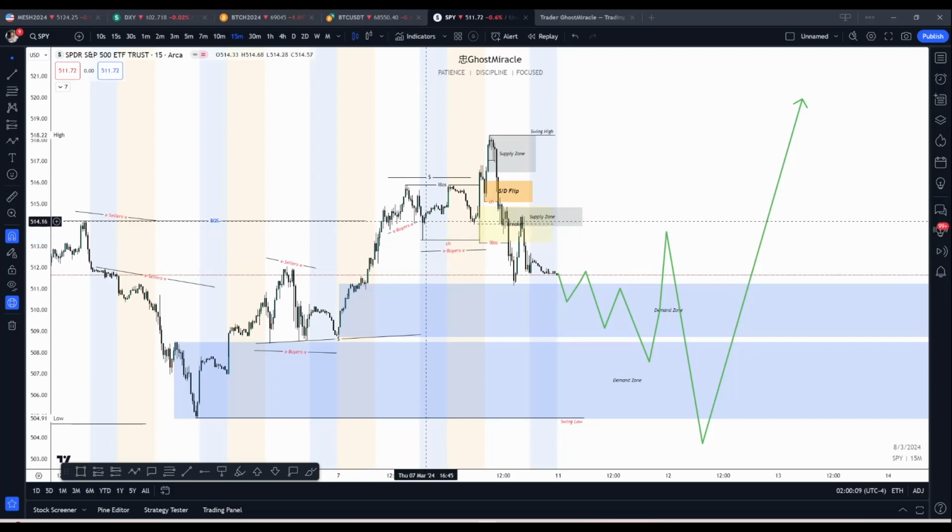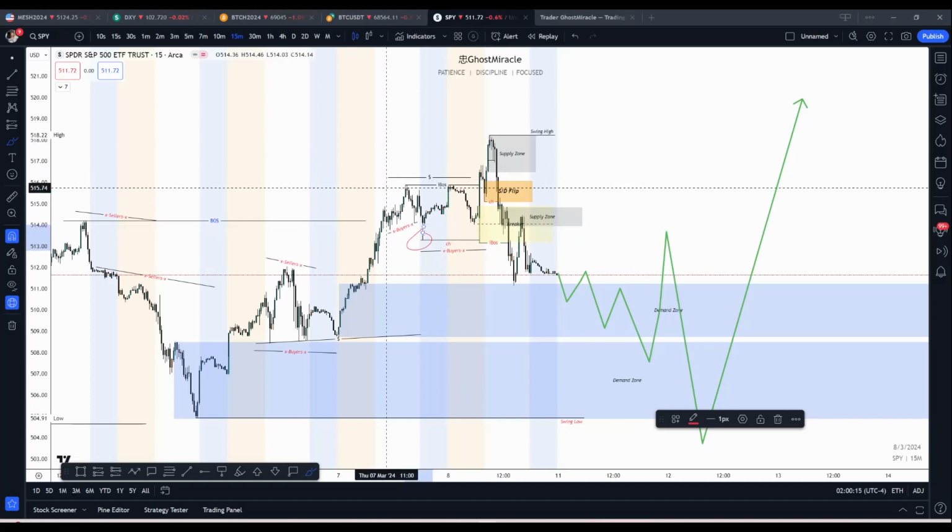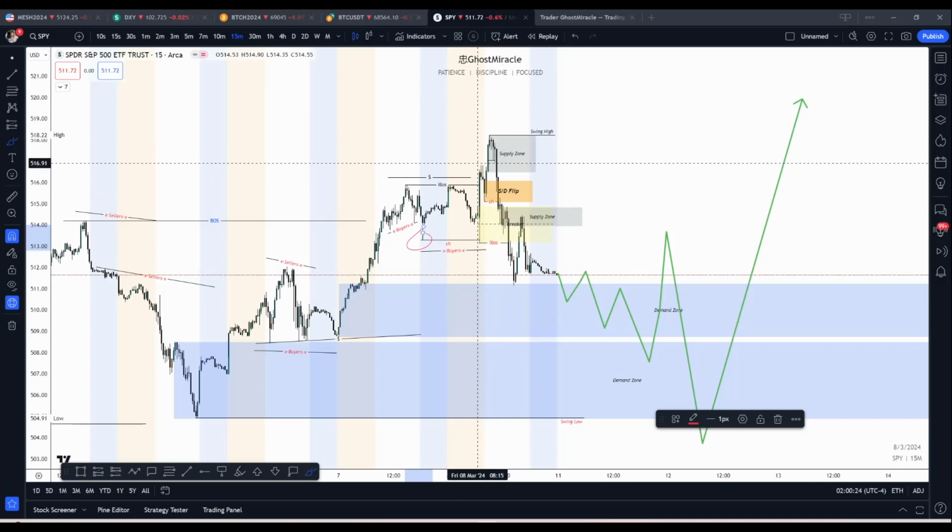and overall price looks to take out buyers and sellers, right? So buyers were stopped out in this area here, and then price flushes to the upside. And then the same thing, sellers, liquidity, all the same thing really. Sellers were taken out, but price was looking to keep pushing.